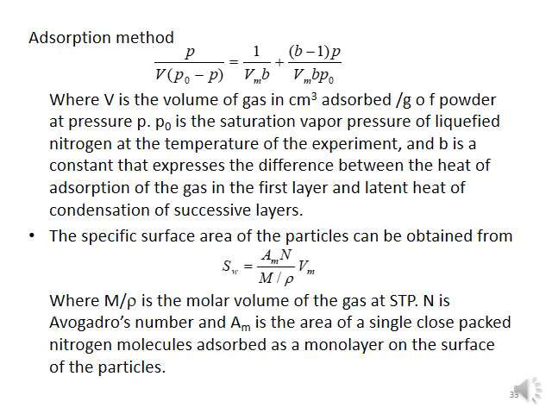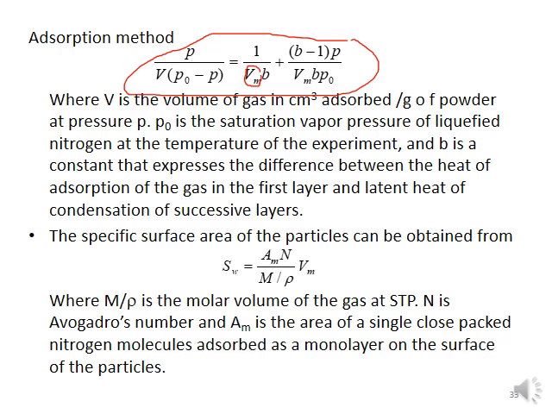The surface area of powder is usually determined using the adsorption method. The linearized form of the BET equation is usually used to determine the Vm, which is the volume of gas required for monolayer coverage.